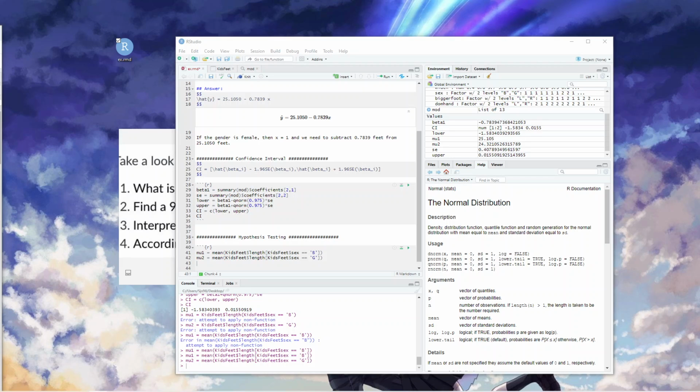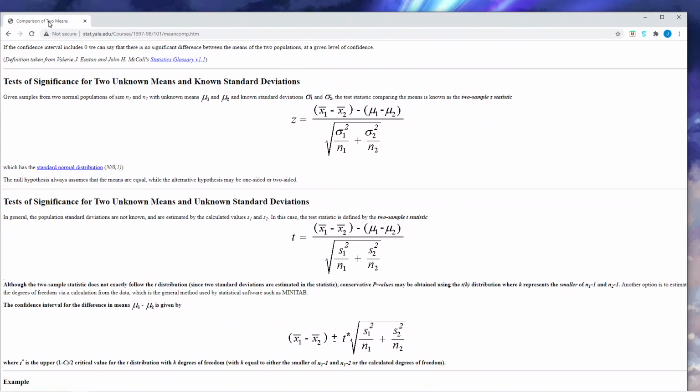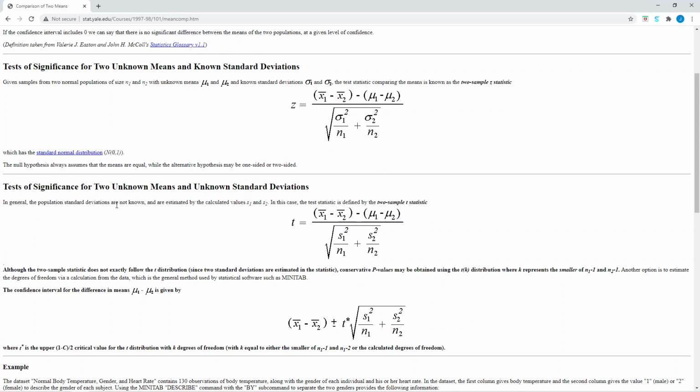So when I'm running my hypothesis testing, I need to know a couple of things. First, what is the z statistic? I found this valuable information on Google: if I have a test of significance for two unknown means and unknown standard deviations, which is our case because we only have a sample, so we don't know the mean and standard deviation for the population.